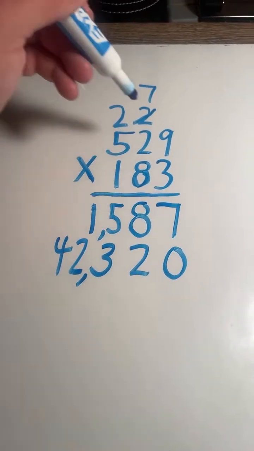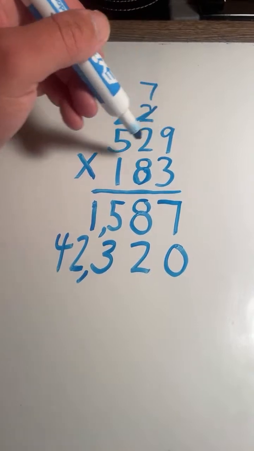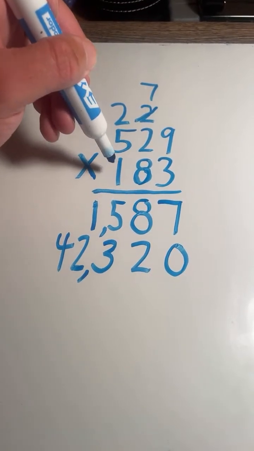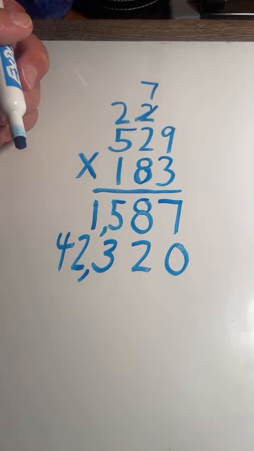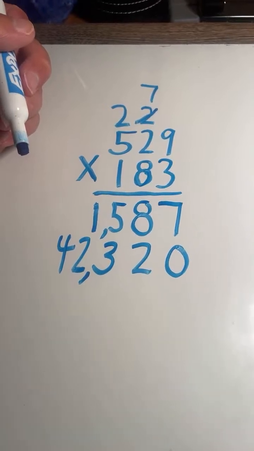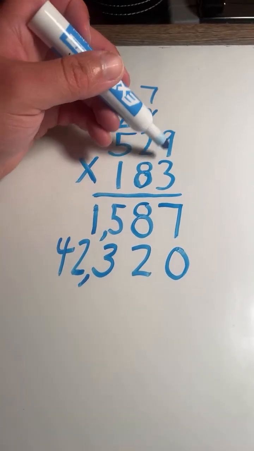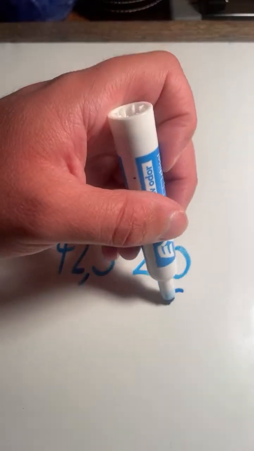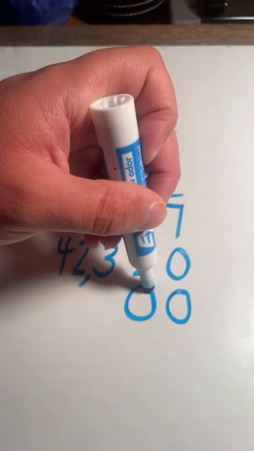All right, next, we multiply the top 3 digits times the bottom digit in the hundreds place. This is the hundreds place here. Now, since we've already multiplied both digits in the ones and tens place, we put a 0 in the ones place and a 0 in the tens place.